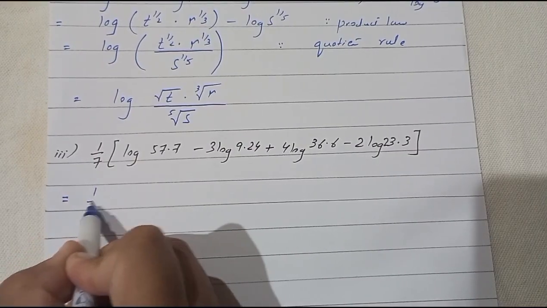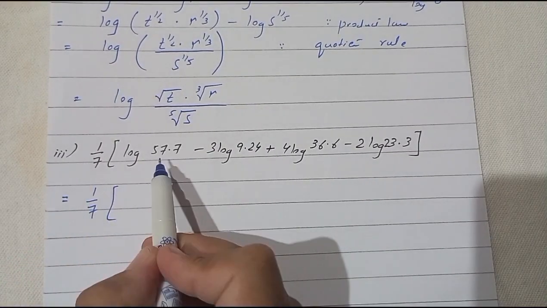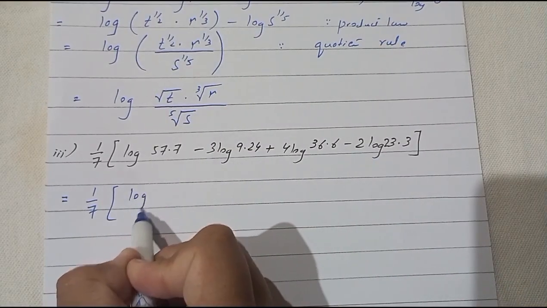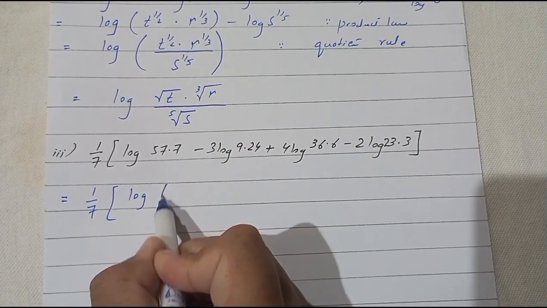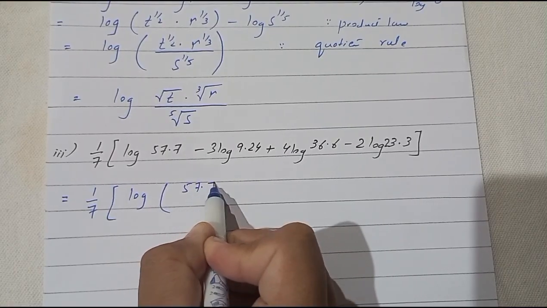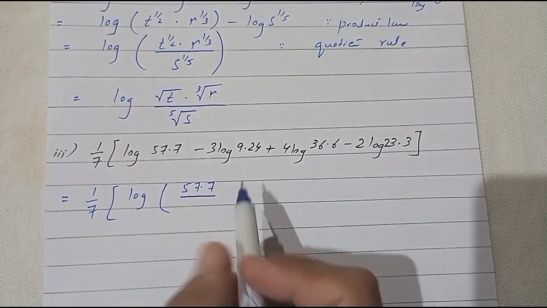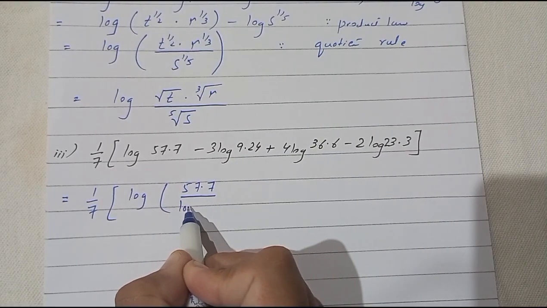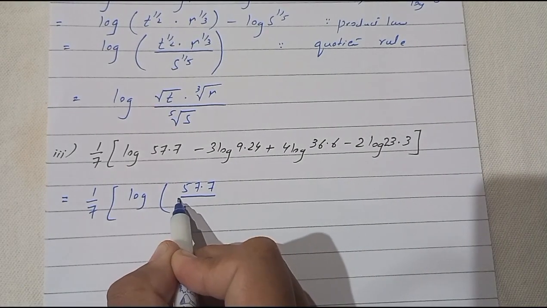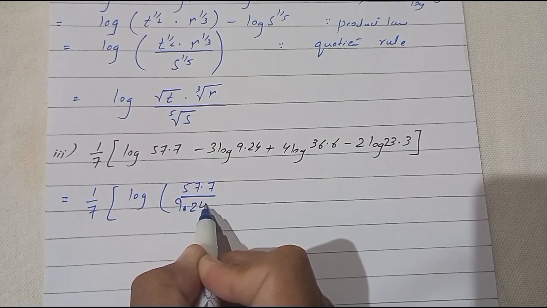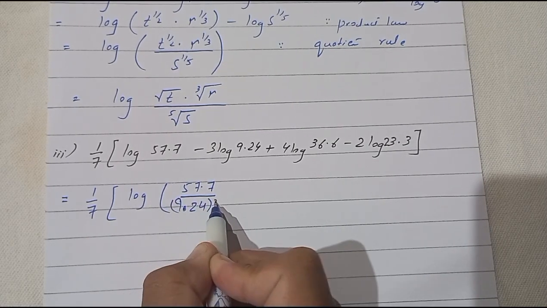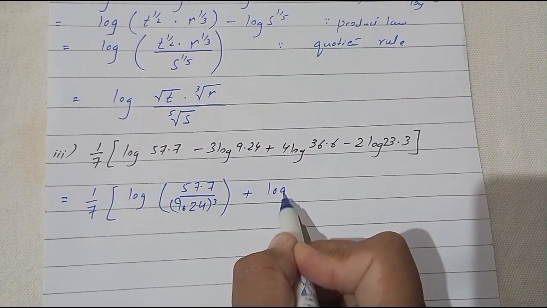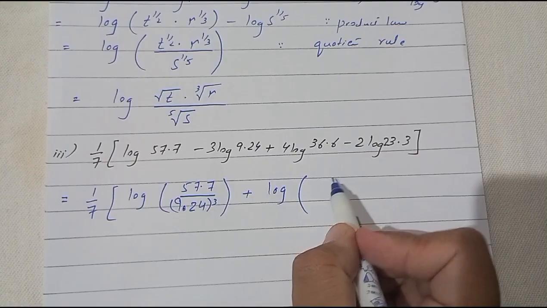Question number 3 is, first we multiply 1 by 7. This is log of 57.7 minus 3 log of 9.24 and so on. So first we write the terms, applying quotient law on first two terms and writing 9.24 with power 3. We apply quotient law on the first two terms and then on the other two terms as log.